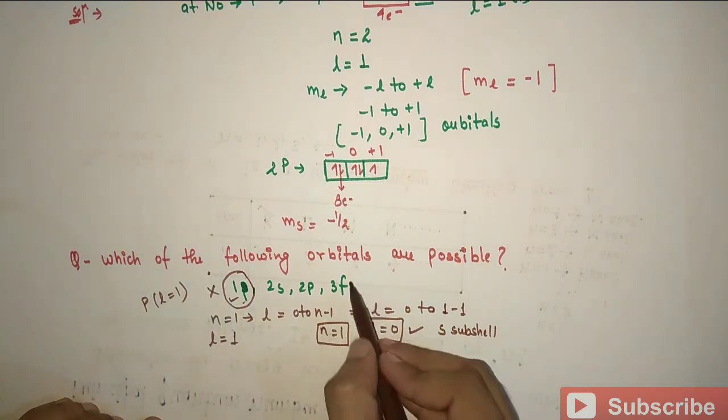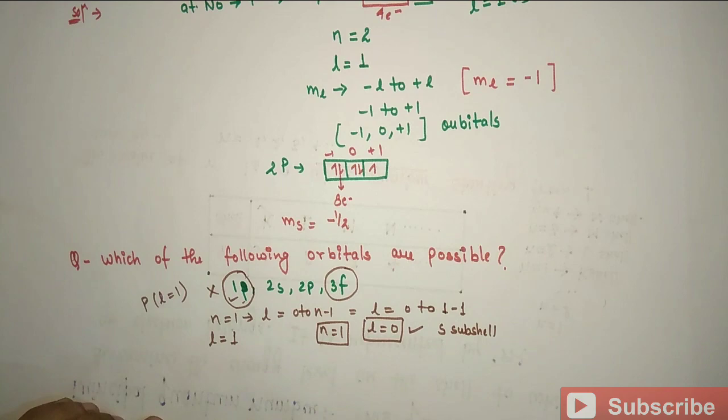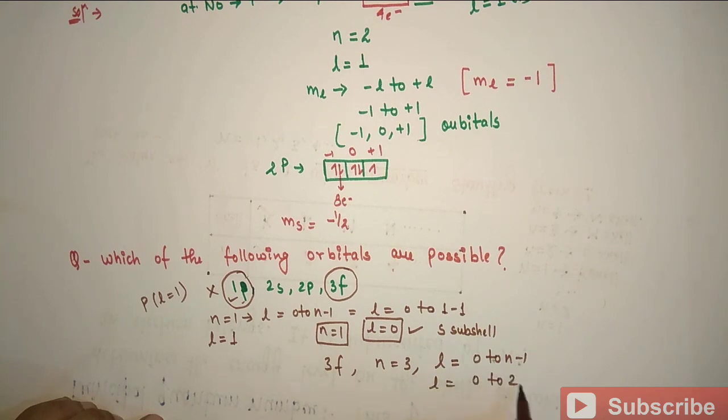Now if we talk about 3f, here n is equal to 3. For the azimuthal quantum number or the subshell, 0 to n minus 1, so L is equal to 0 to 2, that is 0, 1 and 2.